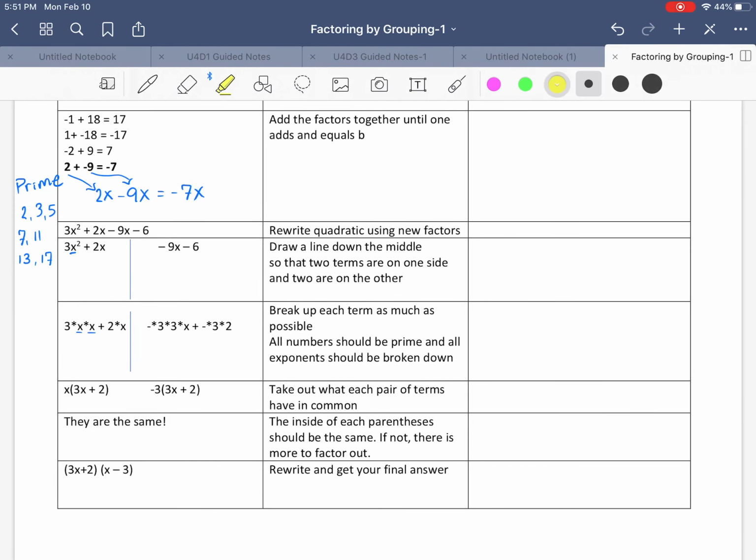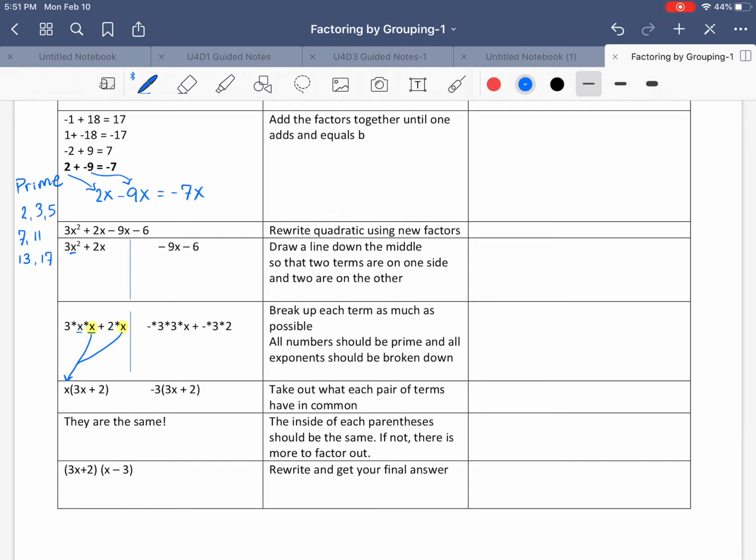Okay? Now when we look at just one side, we're going to find what they have in common. So here, the 3 times x times x has an x, and then 2x also has an x. So if it's in both the first and the second term, we can pull it out. And that's where we get that x there.